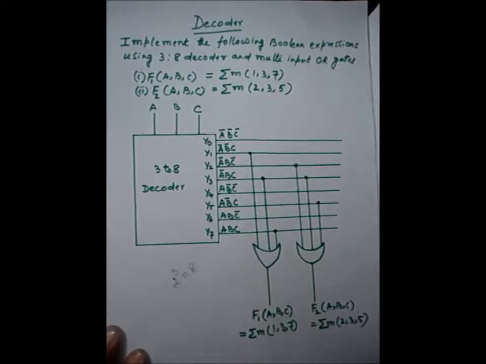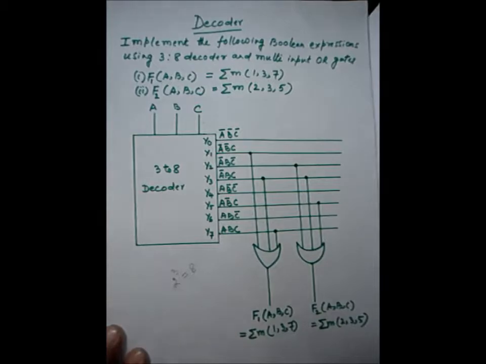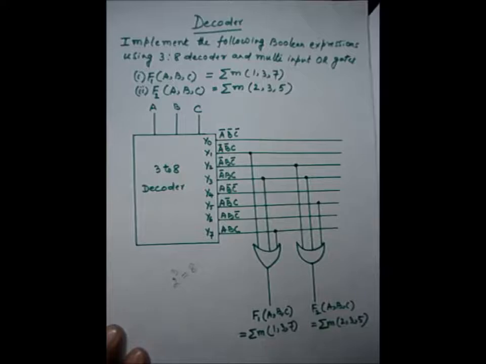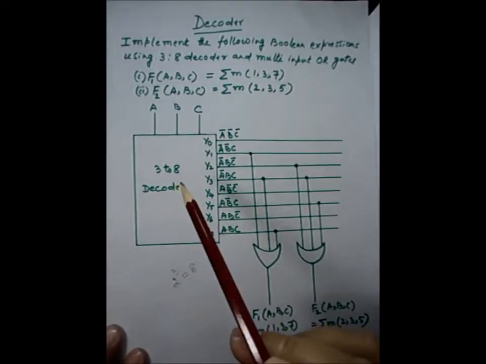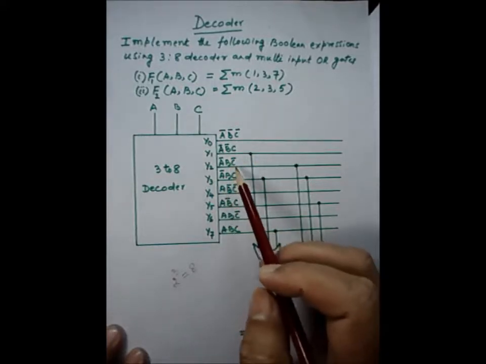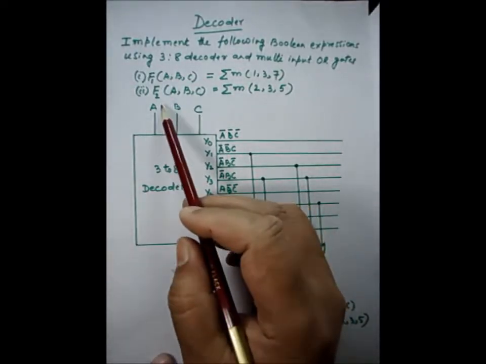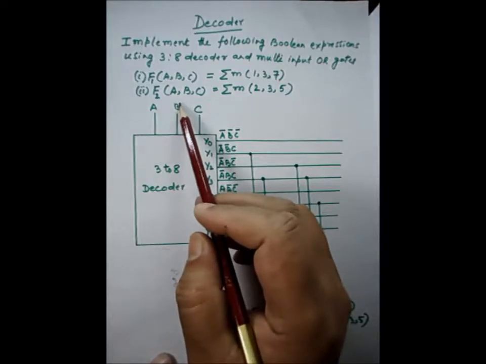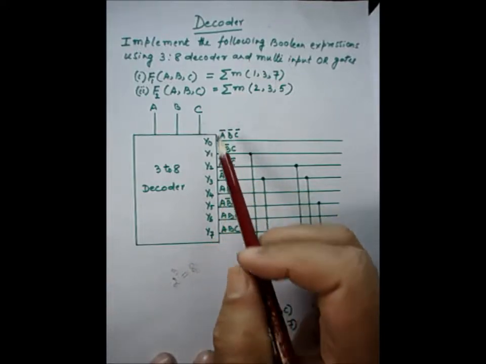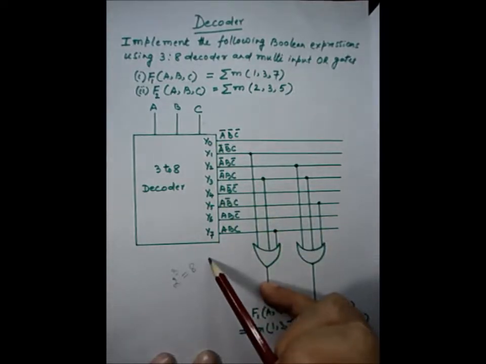In a very simplified manner, I can say that if we take A as the most significant and C as the least significant, then we put the binary value and convert it into decimal, and whatever decimal subscript we get, that output will become high. As for example, if A equal to 0, B equal to 1, C equal to 0, the decimal equivalent is 2, and then output Y2 will become high and the remaining all will become 0.